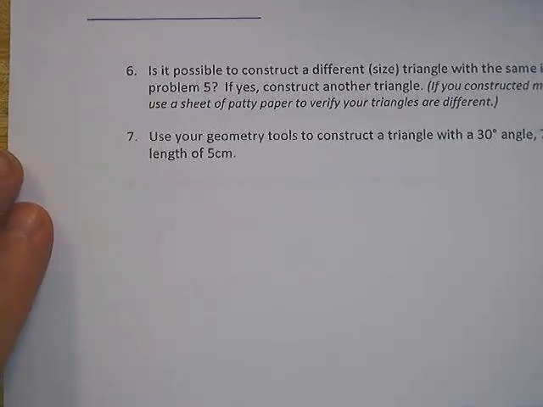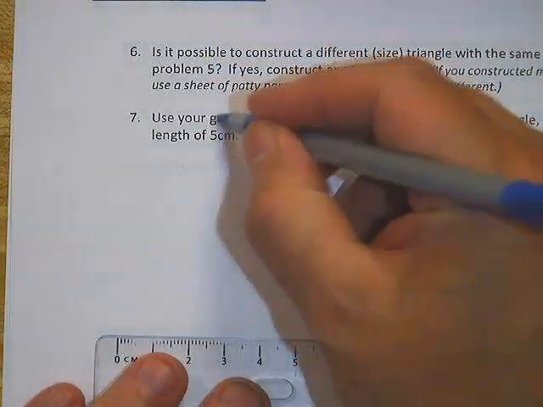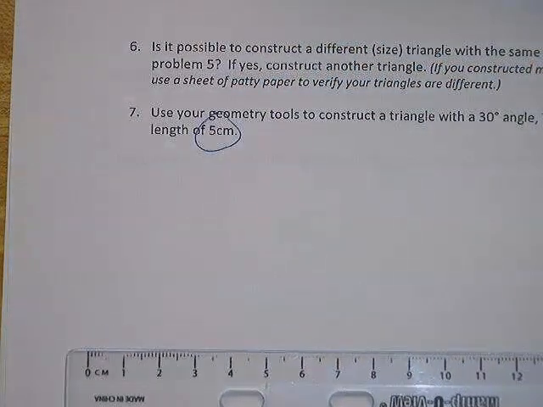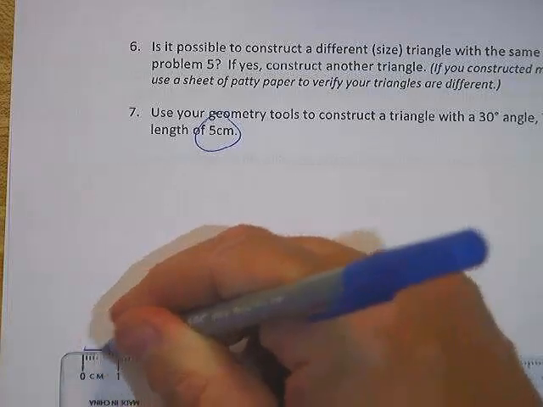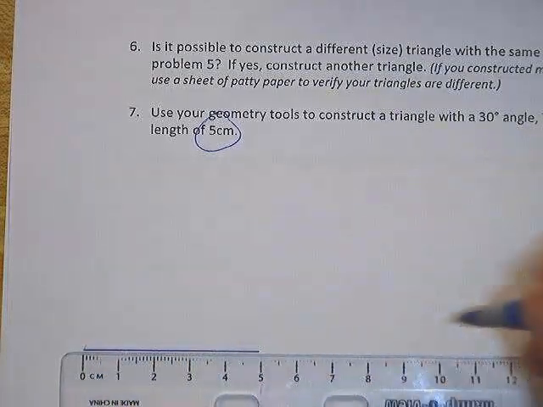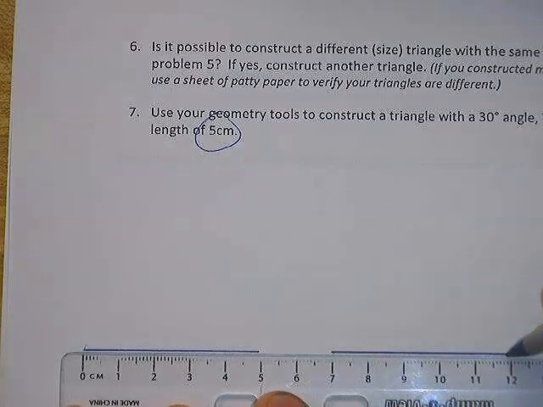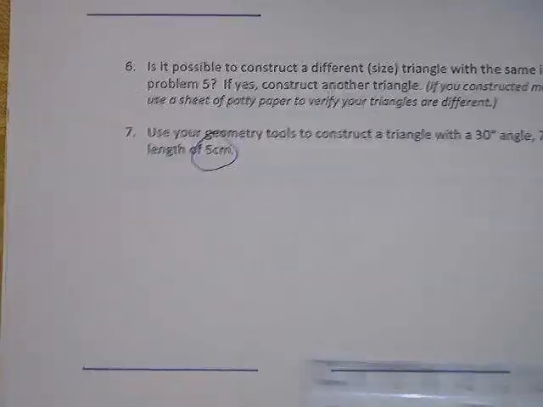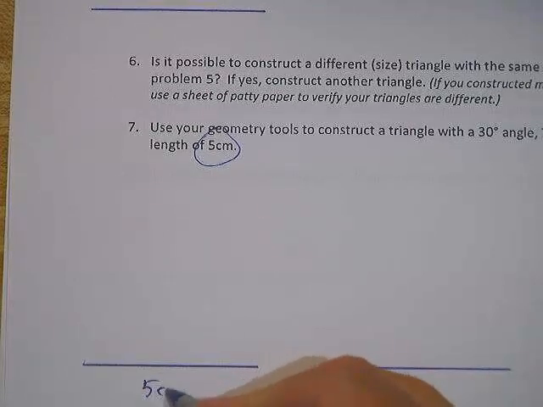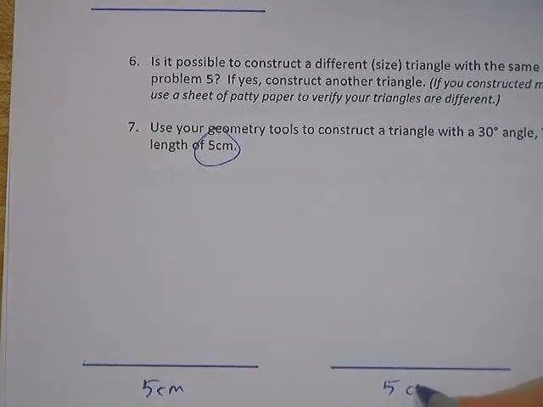In the bottom triangle, I would recommend, since you are given a length of 5, that you use length 5, let's say a couple of times, and make sure that, again, are you able to get a different triangle with 5 being the base of both triangles.